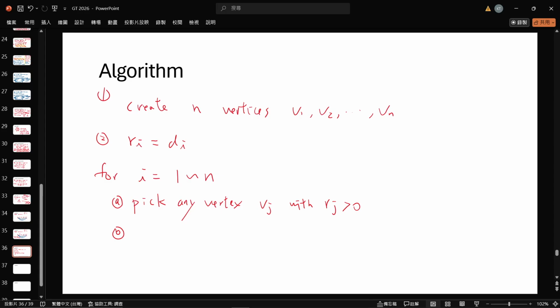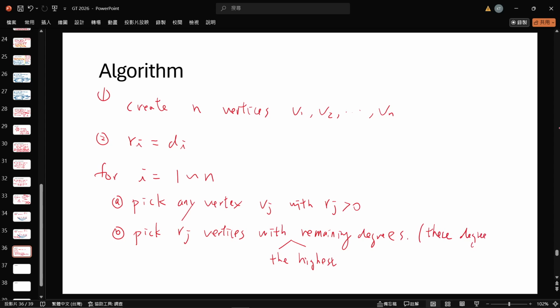So pick Rj vertices with the highest remaining degree, and these degrees cannot be 0.